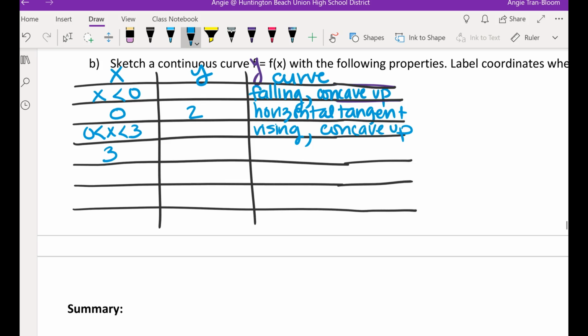At 3, you have an output of 5, and at this location, I would like for you to have an inflection point. In between 3 and 5, non-inclusive, I would like for you to show me on your graph a rising piece and concave down.